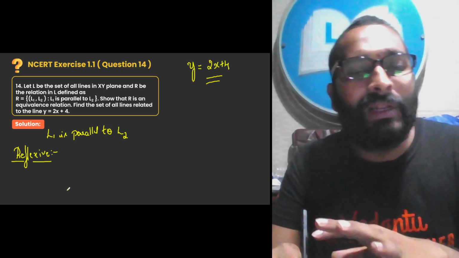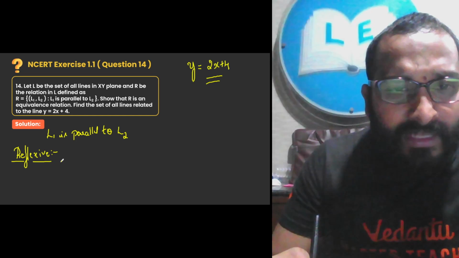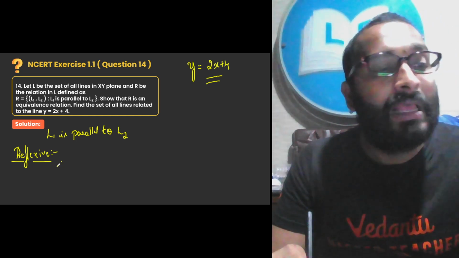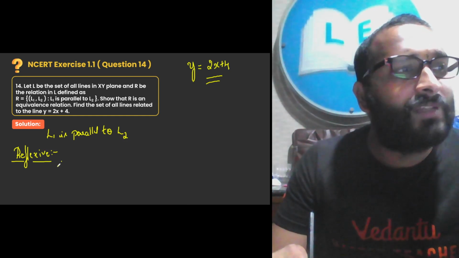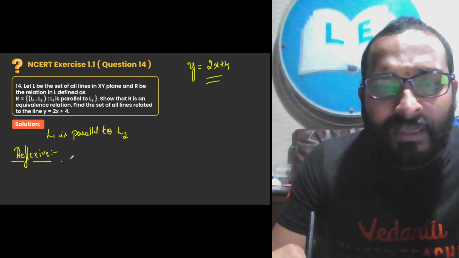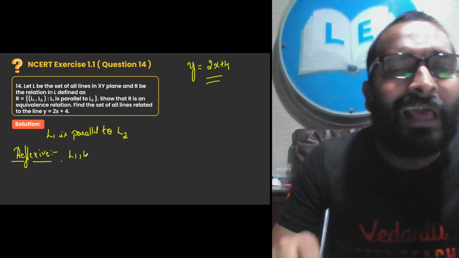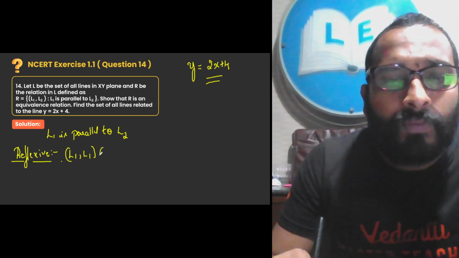If L1 is parallel to L2, L1 only you consider. L1 is parallel to L1 only. Yes children, I can write L1 parallel to L1. Yes or no? Yes, possible. If L1 is parallel to L1, can I call this reflexive, children? Yes, always. If L1 comma L2 belongs to R is a relation where L1 and L2 are parallel to each other, then L1 comma L1 is also true.